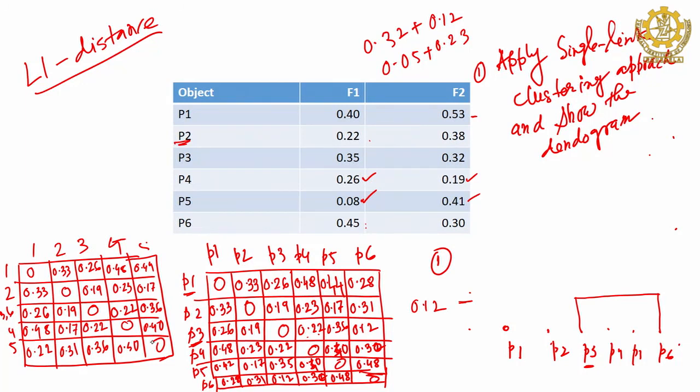Now from here you have to find the minimum. Which one is the minimum? 0.19 is the minimum, it seems. Oh, 0.17, this is minimum. So you have to merge 2 with 5. So this is 2 and where is 5? Here. So you merge 2 and 5. And what is the distance? 0.17.